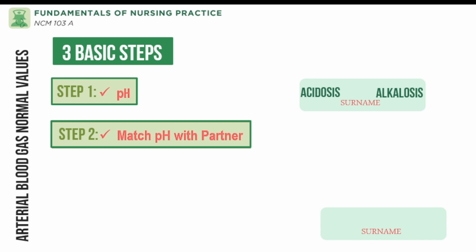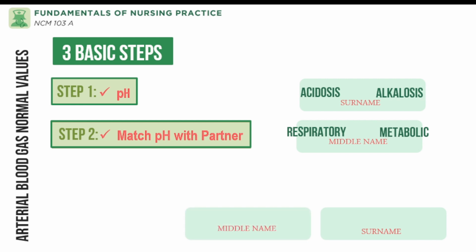If it is having alkalosis, you look for a partner which is also having an alkalosis. And that will be the middle name, and it would give you only 2 options: respiratory or metabolic.